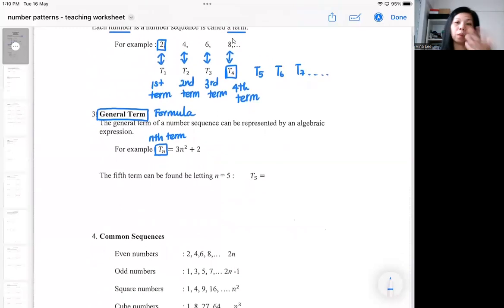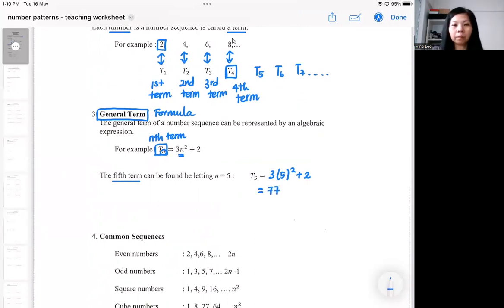If I would like the fifth term, it means n is equal to 5. That means all the n here will be changed to 5. Then you punch your calculator to get the number. Here that will be 77.